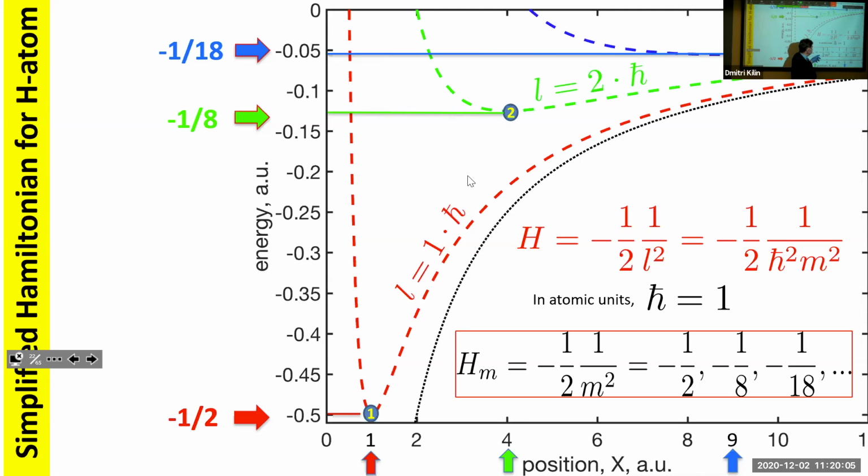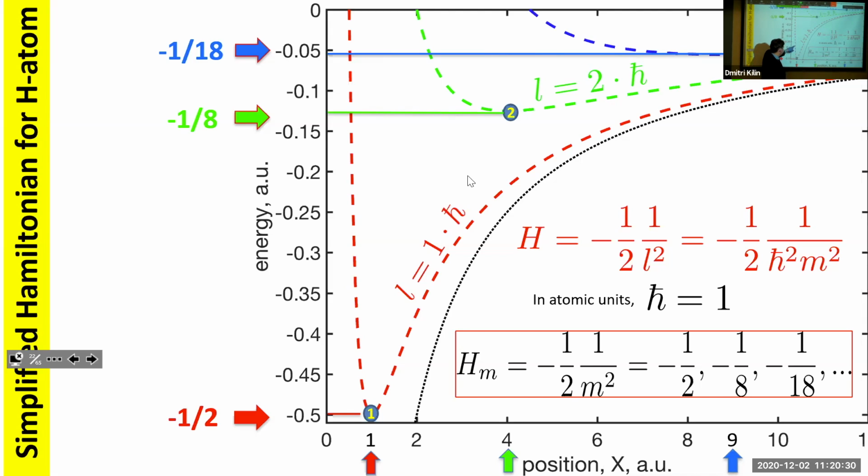And if one plugs in different values in a certain system of units, it will be minus 1/2, minus 1/8, minus 1/18, just by plugging different integers. And these points of energies correspond to these numbers 1, 2, 3 on this diagram.